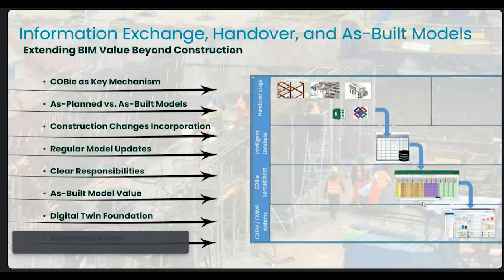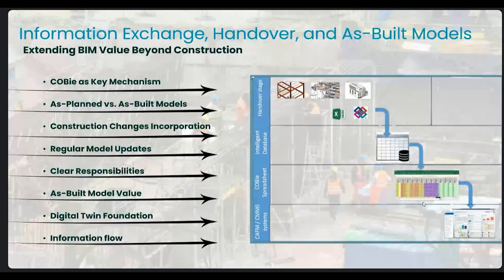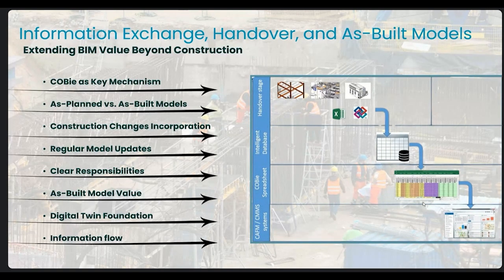With respect to the 4D simulation, the 5D part for understanding the cost front, the sustainability front where you need to work on the 6D part, and of course COBie, which means the 7D of facility management. The construction changes incorporation. It means that in the as-built, once your construction changes are happening, how you are incorporating them inside the model on site. This is also something we need to understand and work on.